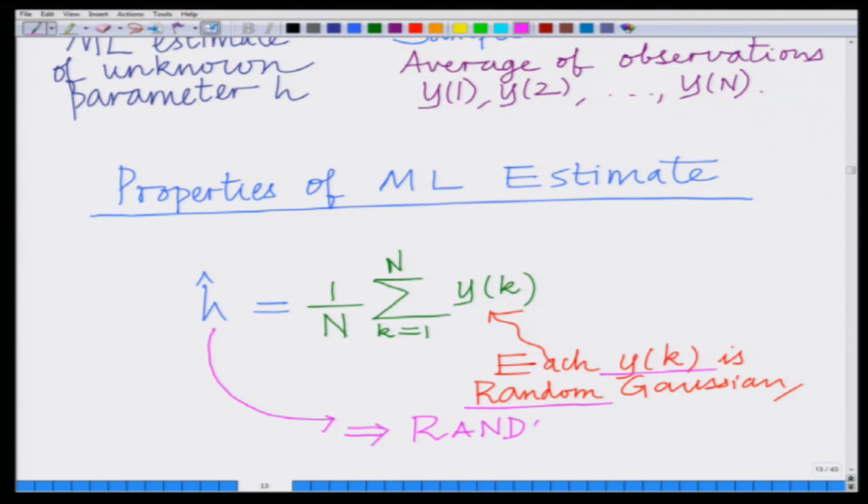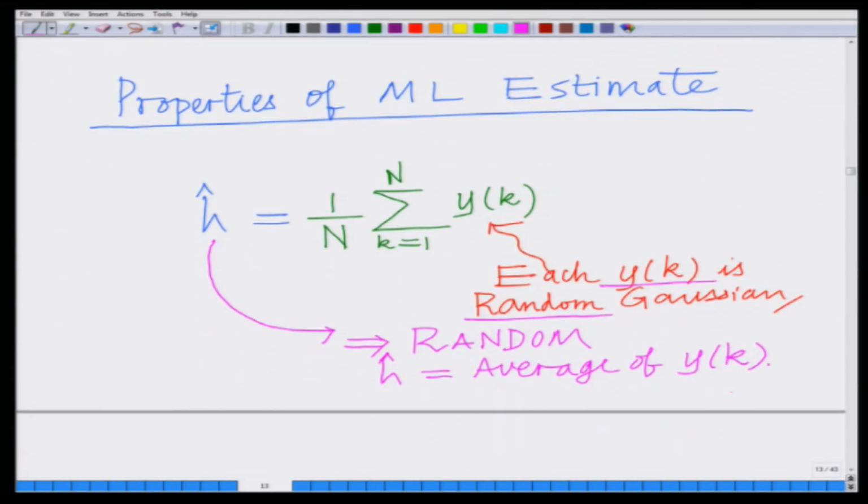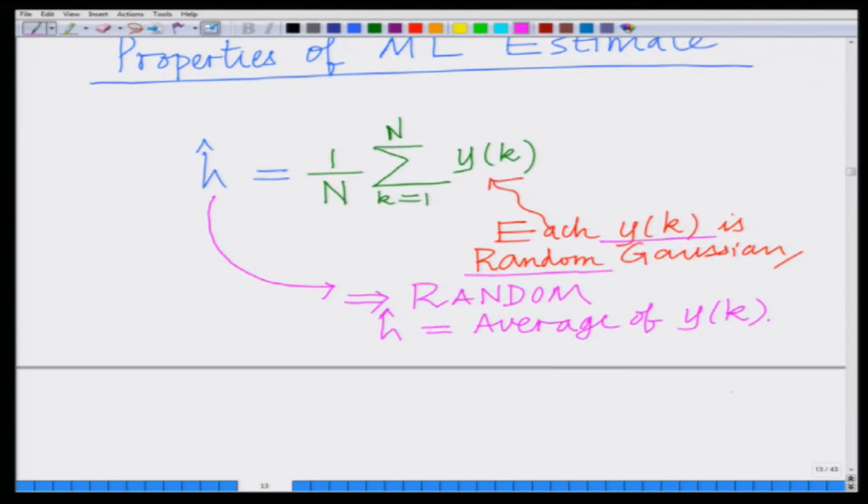H hat is the average of these different observations y k. The noisy observations y k are themselves random in nature.